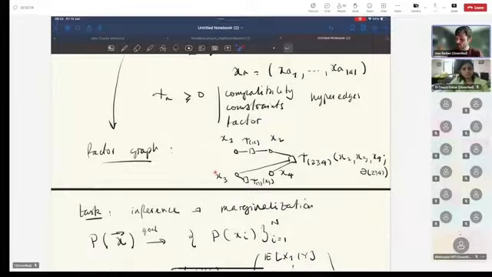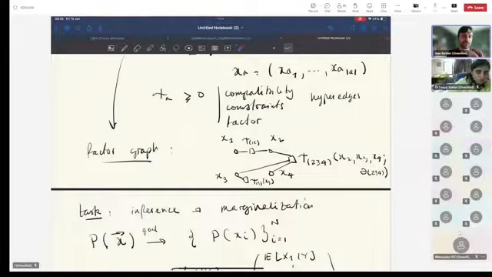But of course you can also think of this as error correcting codes. These constraints could be parity checks between bits. These would be bits, binary variables, and one factor like this would be a parity check. It would enforce that the sum of these two bits is an even number, for example. And so you are constructing a code like this.